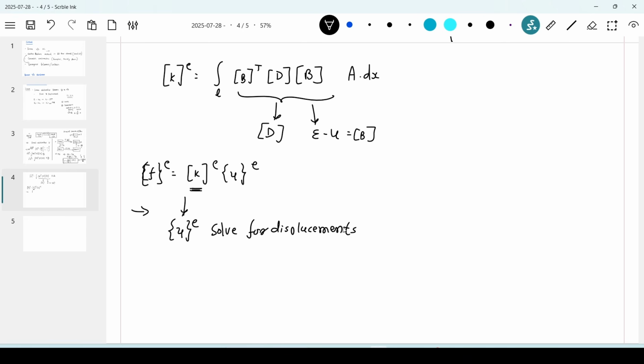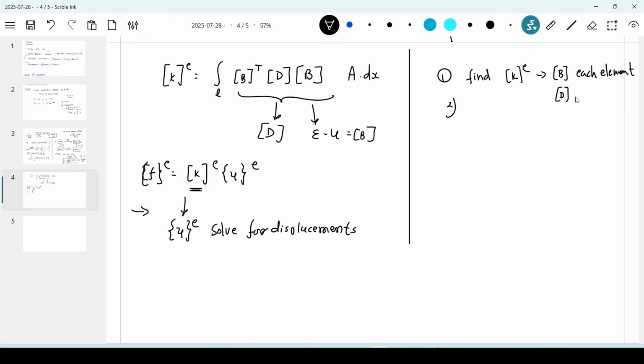If you remember, in our steps we have mentioned this. First thing is to find the element stiffness matrix. Before this, we find the B matrix for each element, then the D matrix.